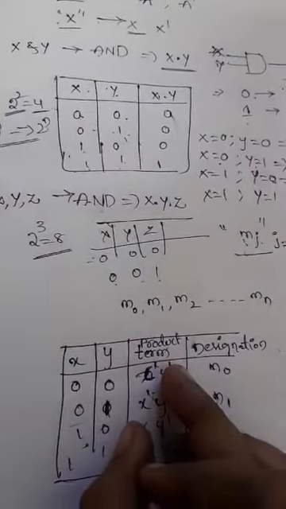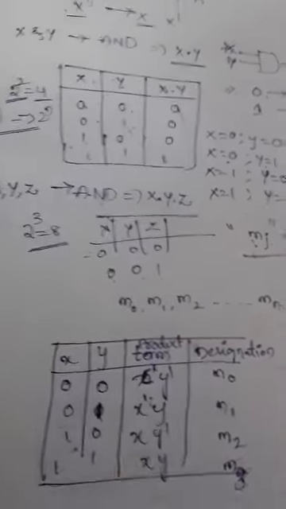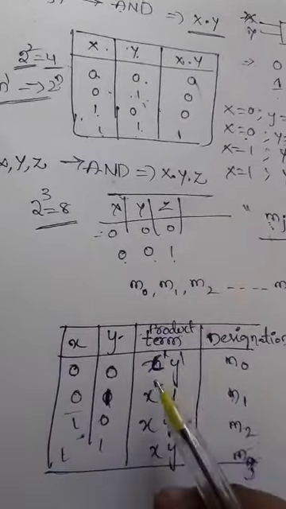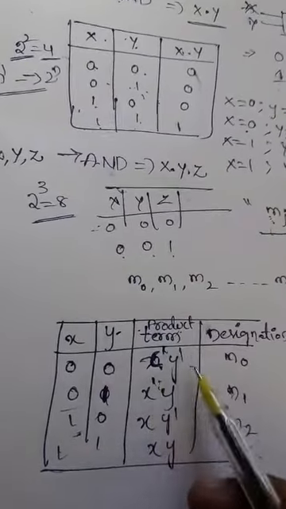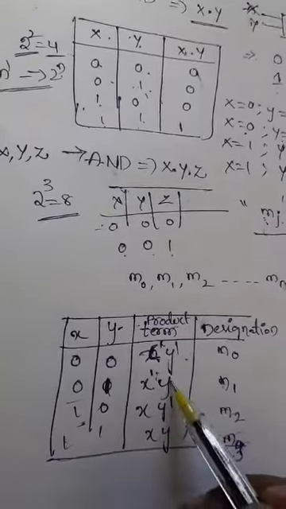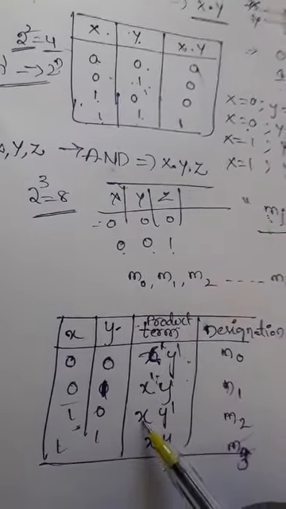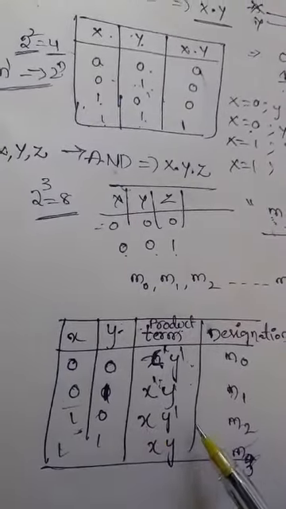The product terms are x complement y complement z complement, next x complement y complement z, next x complement y z complement, and so on. These are minterms of product terms, represented as mj, where m is minterm and j is the decimal equivalent of the binary number. So this is the explanation about minterm.